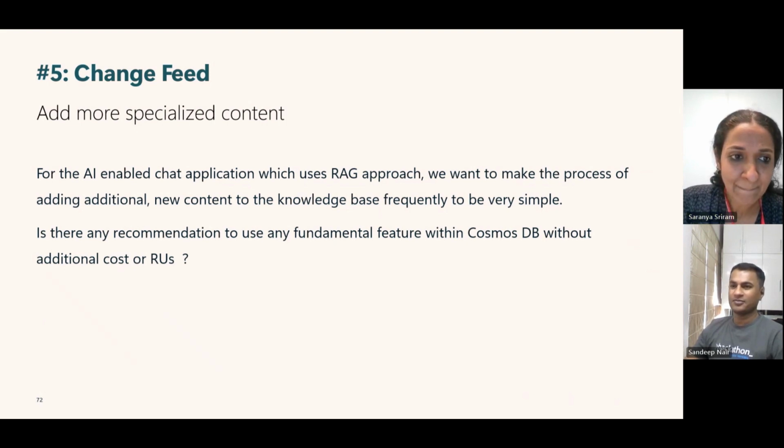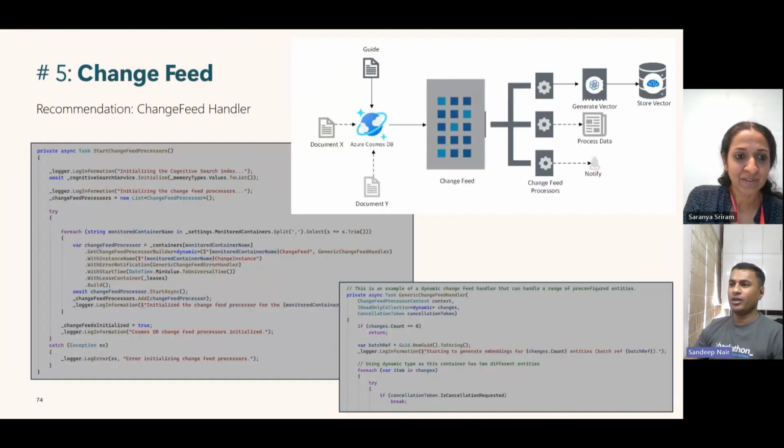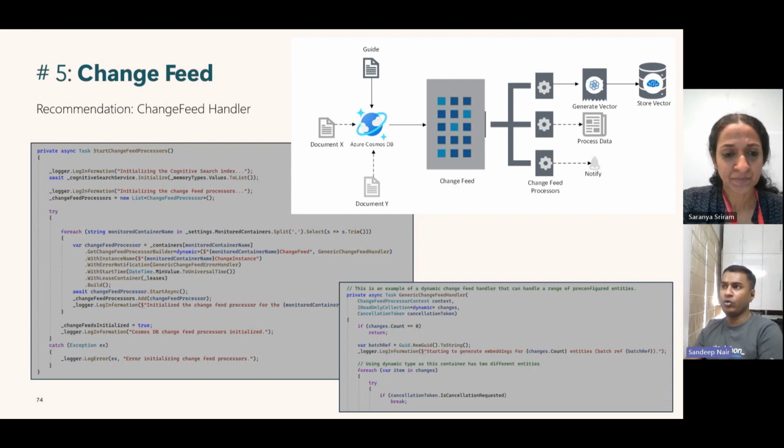Sure. So the problem statement is basically the customer in this case wants to figure out a mechanism of adding more technical content. As you know, Contesto Systems is creating a chat application to support technical questions that come from the customers.